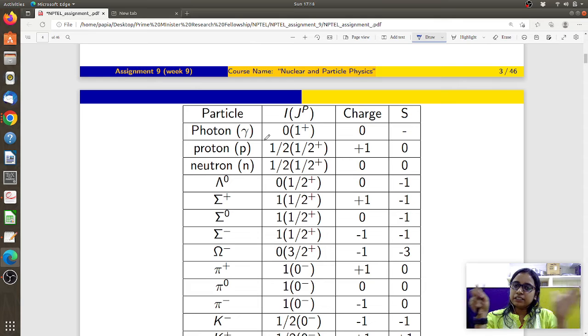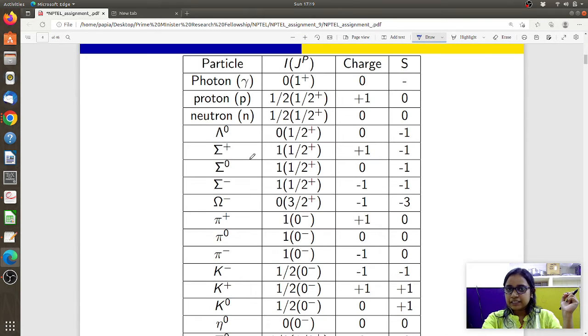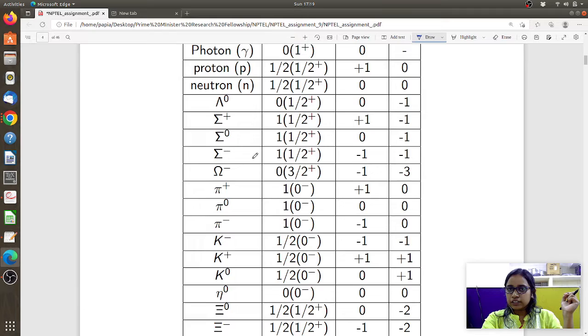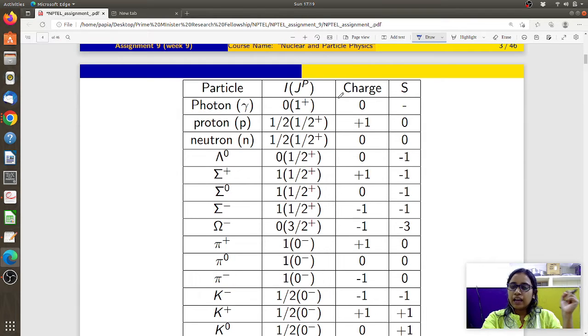This type of table is very important for each and every nuclear reaction. I was just mentioning some of the particles here, but if you want to see all the particles and all the strangeness numbers, you can see any nuclear and particle physics book. There it is listed in table form. Here I was just mentioning some of the particles and obviously their corresponding IJP as well as charge and strangeness quantum number.